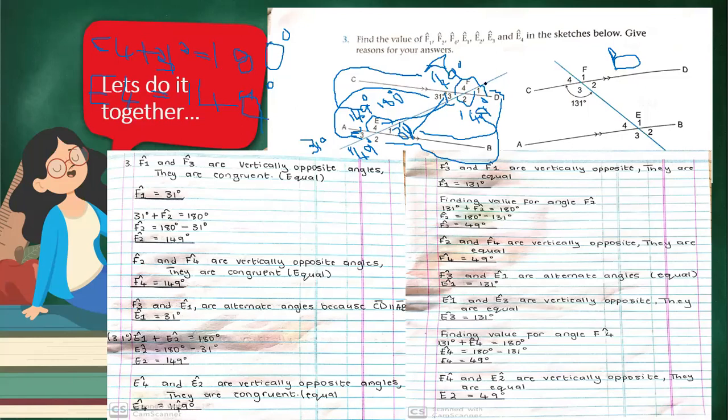Yes, so here on our F1 angle, it will be 31 degrees because corresponding angles are equal. Correct. So now we are done with sketch A. Yay. So let's move on to the last one, the last question.